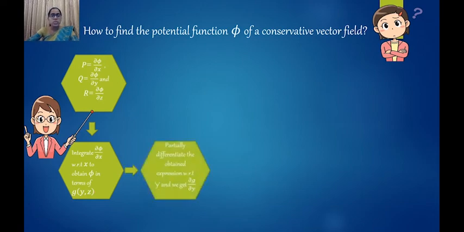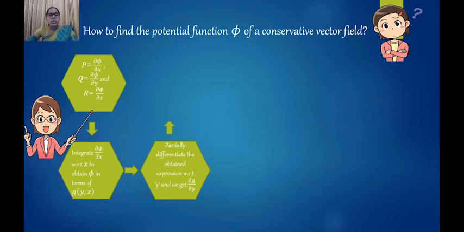Next, we partially differentiate this obtained phi with respect to y, and we obtain the term ∂g/∂y in it, because g is a function of y and z. In the case of 2-space it was g dash, but here it will be ∂g/∂y.